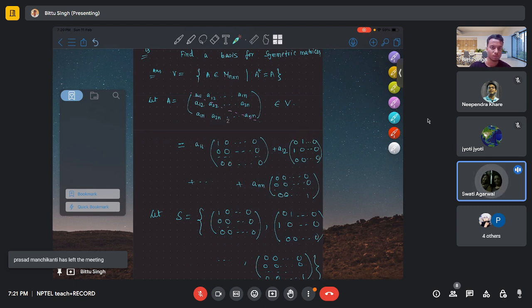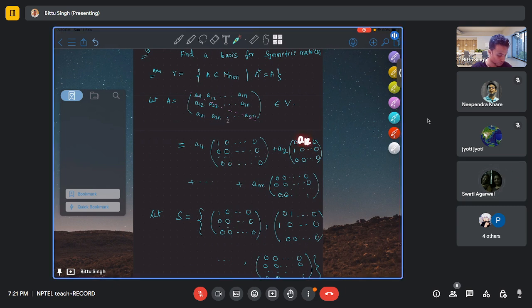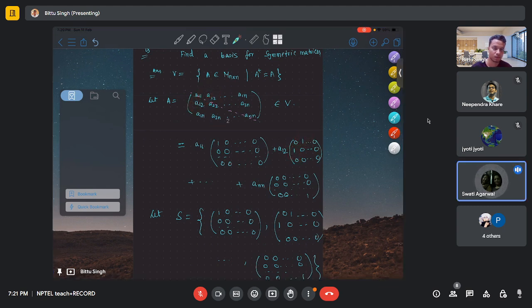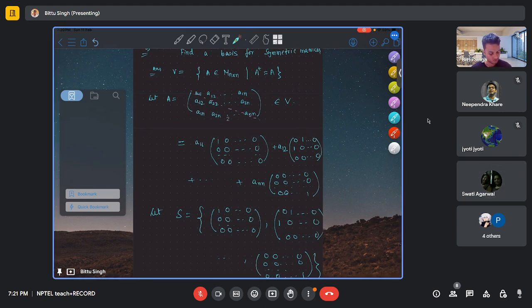But then this will evaluate to, it will multiply A12 to both the places. Yes, it will be A12 and it will be A12 again. So we will not have this sum two times for two places. Only once is enough. Yes, once is enough here.